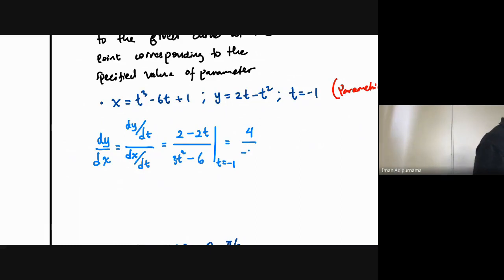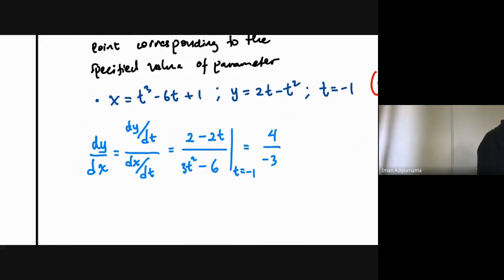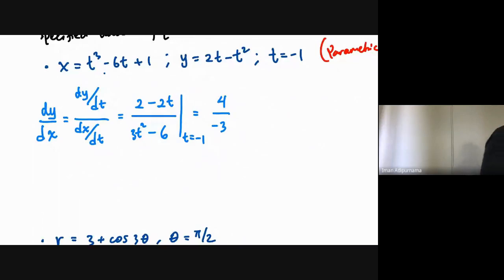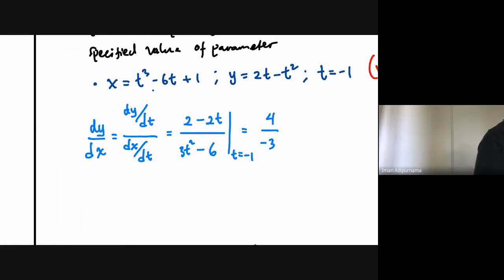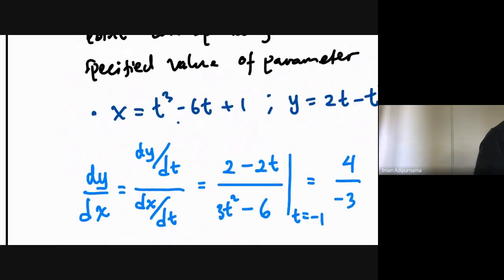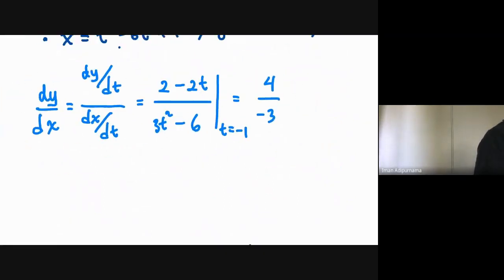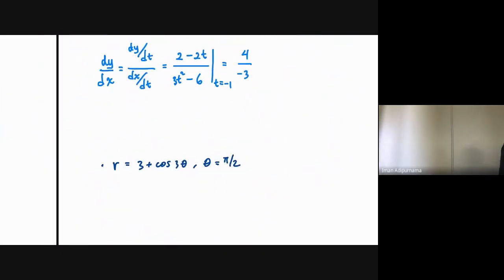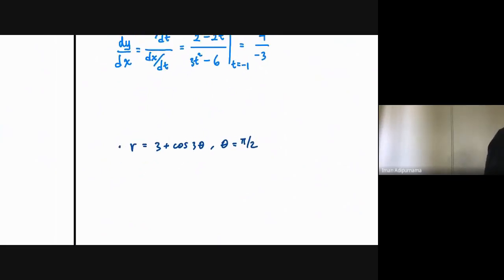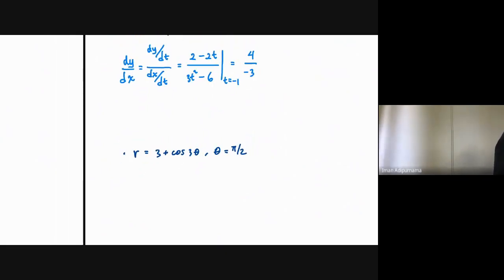So this should be -3. Some students are correct. Actually, the question should have been plus 6t, I made a mistake here, but never mind. The question is still valid. There's nothing wrong here. So this is number one.